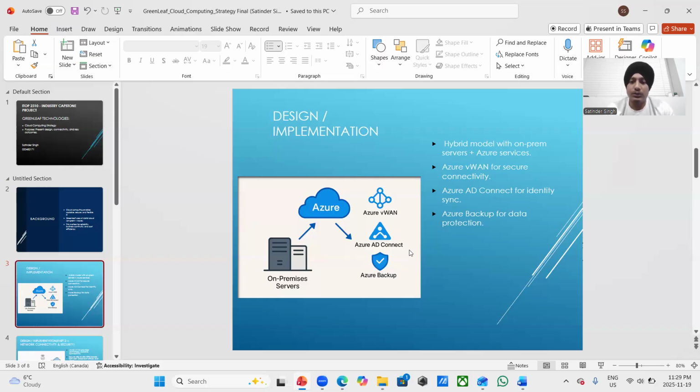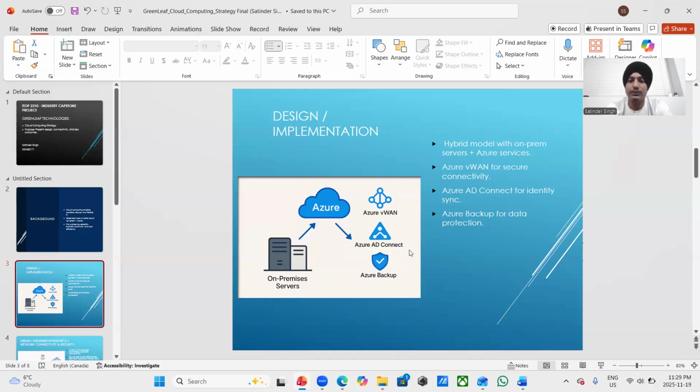The second point is Azure Virtual Beeline for secure connectivity. The virtual beeline provides the secure connection between Azure and Greenleaf. It transfers data securely, or I can say in encrypted form, so it ensures data integrity.